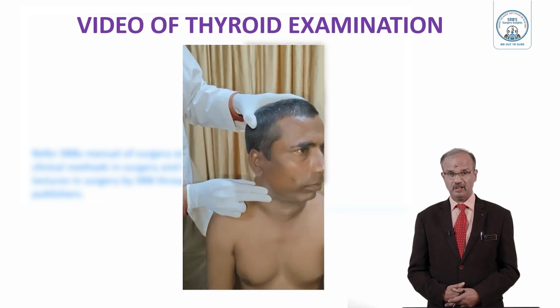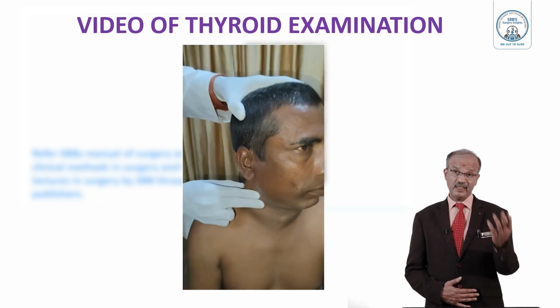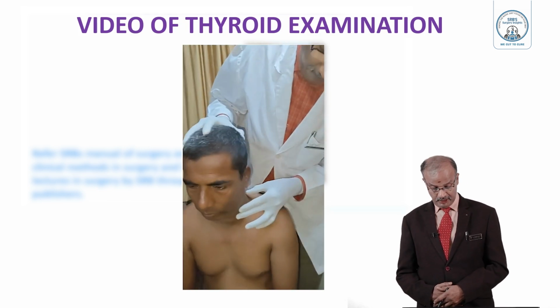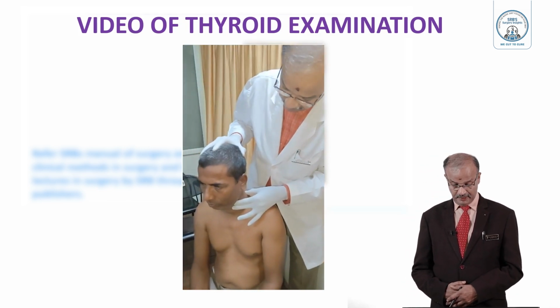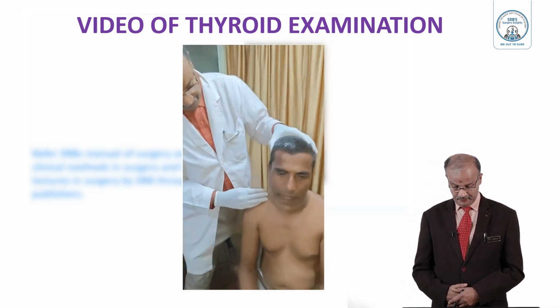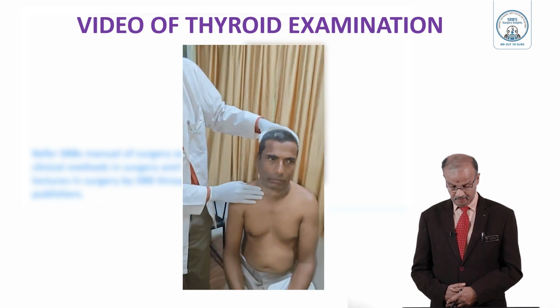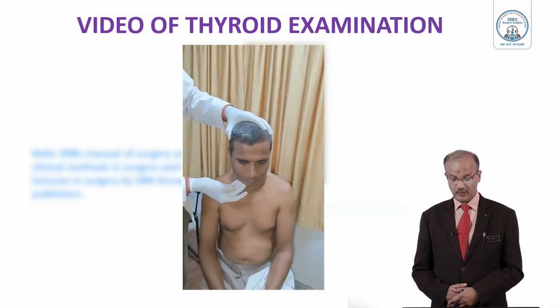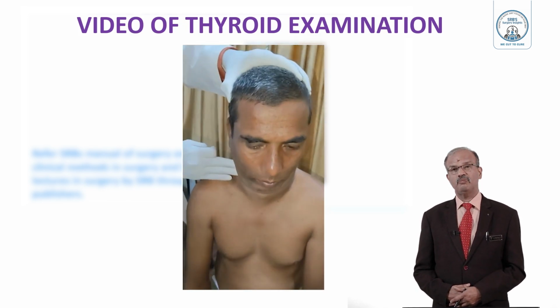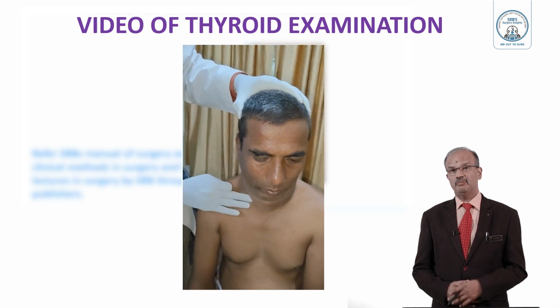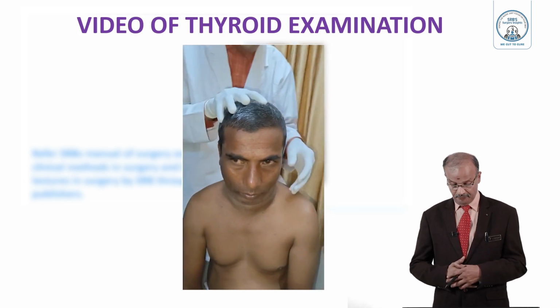Carotid pulsation. One side you have to examine, then the other side. Don't examine both sides together. Neck nodes 1A, 1B, 2, 3, 4, 5. First one side, then the other side.